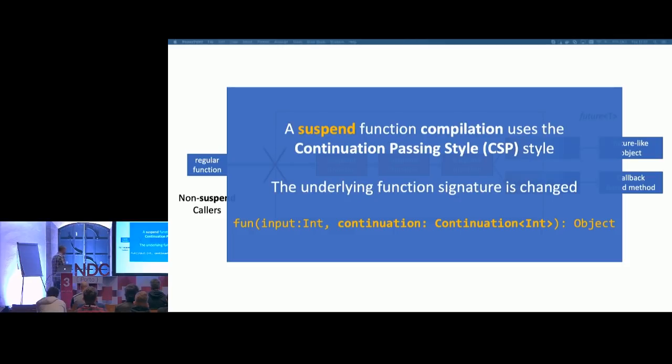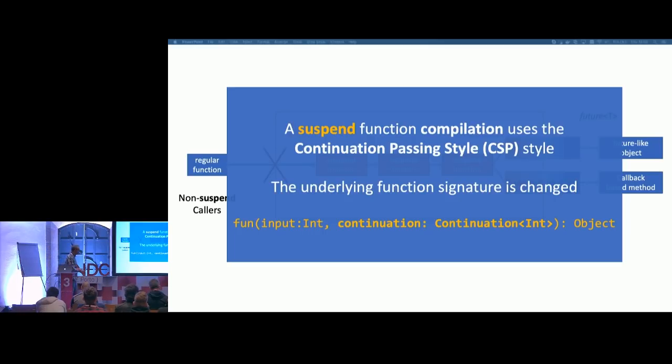Because when suspend functions are compiled into bytecode, they use a style of compilation that is called continuation passing style. And this means that the signature of the function is changed. If you go look into the bytecode that is generated after compilation of that function, I will see that it has a first parameter, which is an integer, but it has a second parameter, which is a continuation.